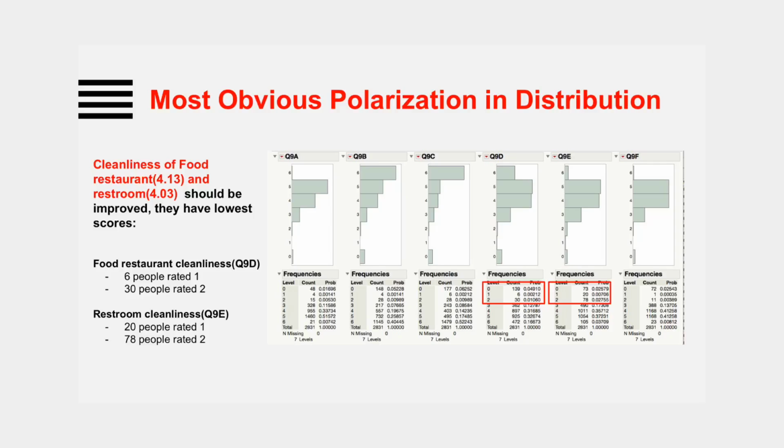In the first step, we analyze Q9, the cleanliness of SFO. Then we figure out that food restaurant and restroom cleanliness had the lowest scores, which means we need to focus on those 2 parts and improve their cleanliness.